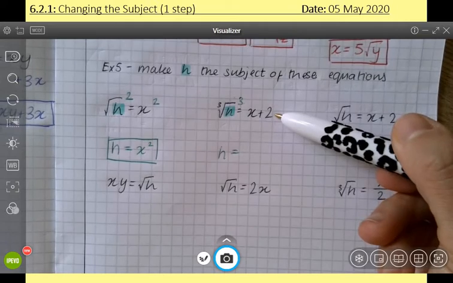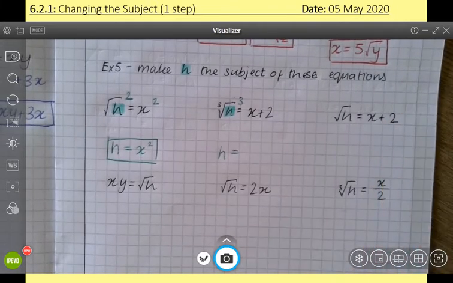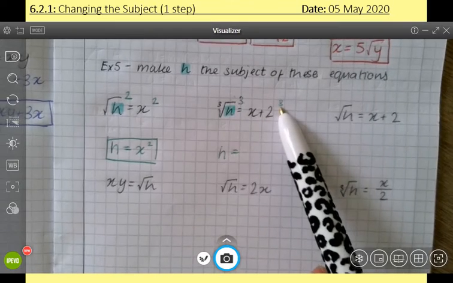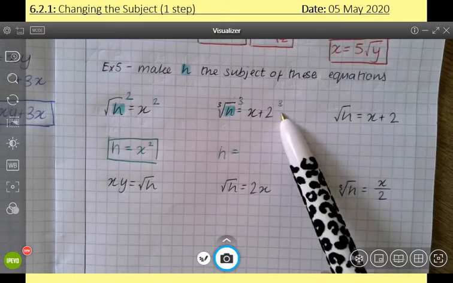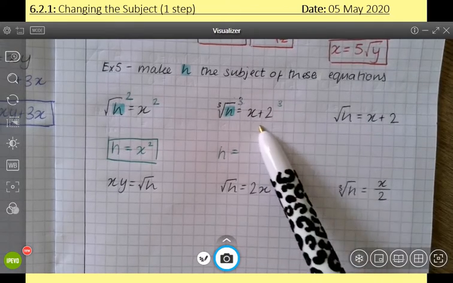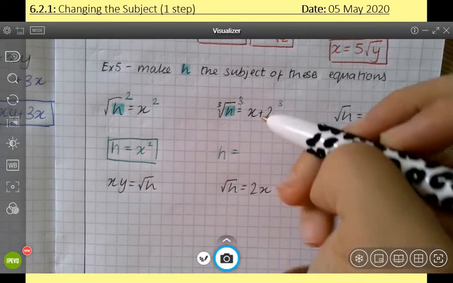On the right hand side, I need to cube this too, but I have to be really careful here because I'm not just going to do this. My answer isn't going to be x plus 2 cubed. That would be wrong, because I need to cube the whole thing on the right hand side of the equation. And the way I show that I'm doing something to the whole thing is I use brackets.